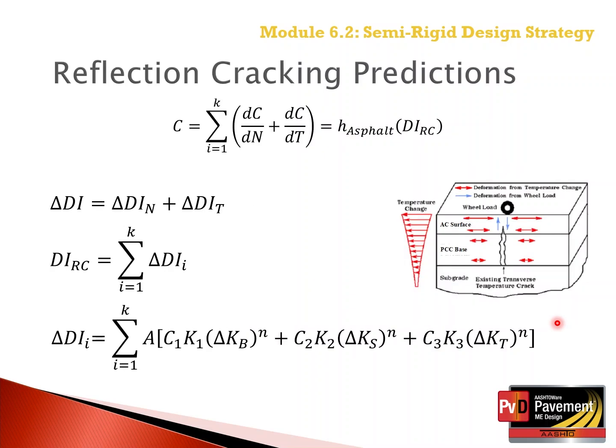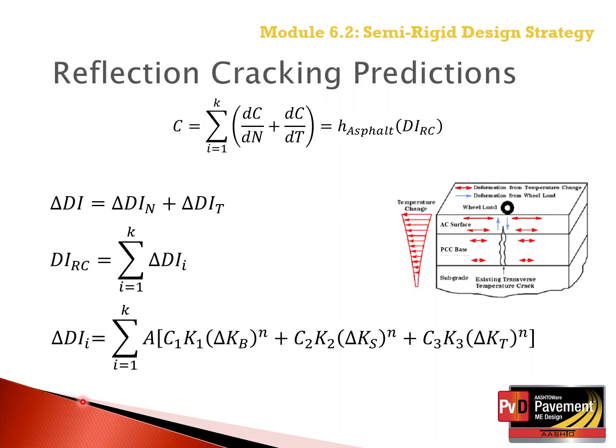So the stress intensity factor for each component is transformed into a damage index so that they can be added together, both from thermal as well as load. The damage index is basically defined by the increase in damage from an incremental increase in traffic and incremental increase in temperature cycles. And then the sum of that damage is used to predict the total damage at the crack tip.